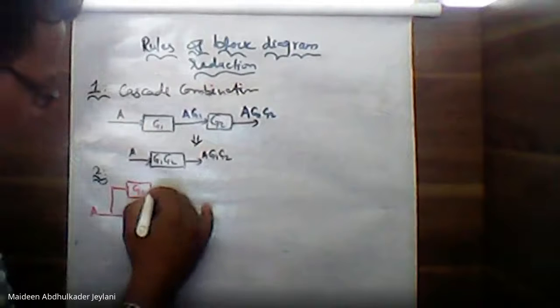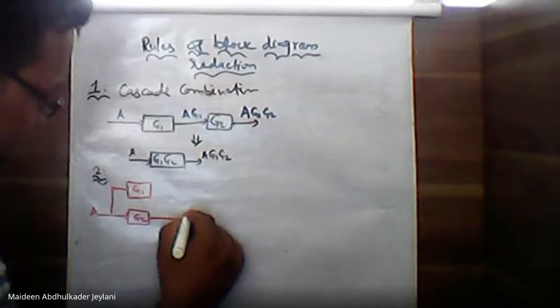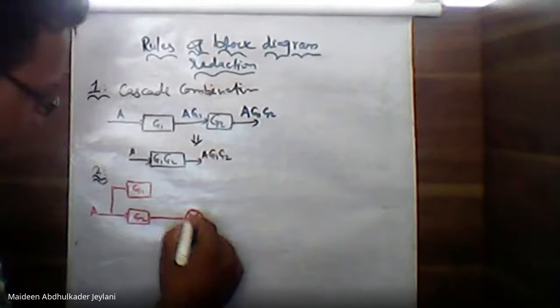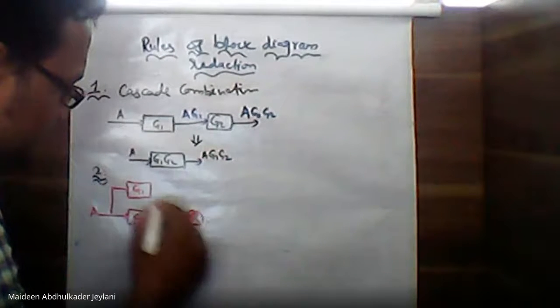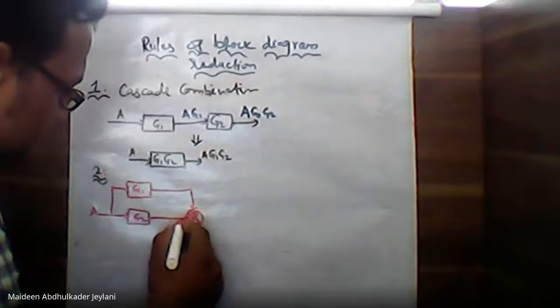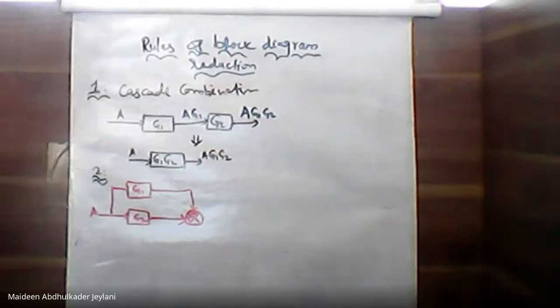They can be added with the comparator. The signals to the comparator are both positive. So the arrow mark is more important here. The direction of flow is more important here.